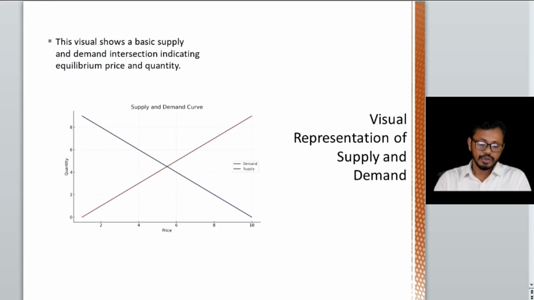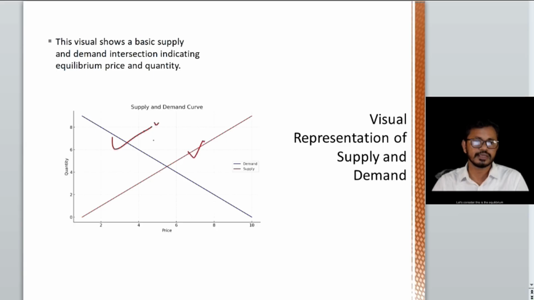Once we have the mathematical model, or if we are showing something in mathematical equations, we can convert it into visual models. For your help, I'm citing one example: the demand function, which is downward sloping, and the supply function, an upward sloping one. Both curves intersect at a particular point.